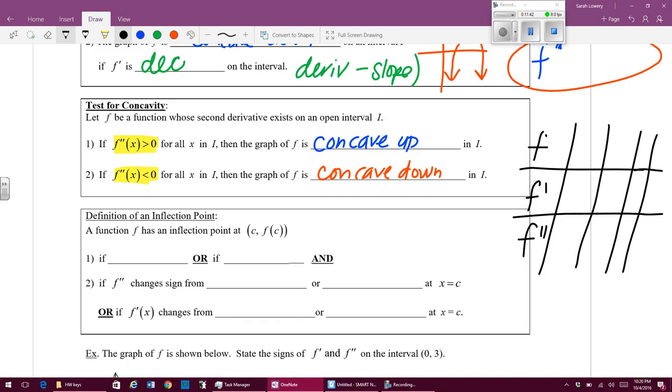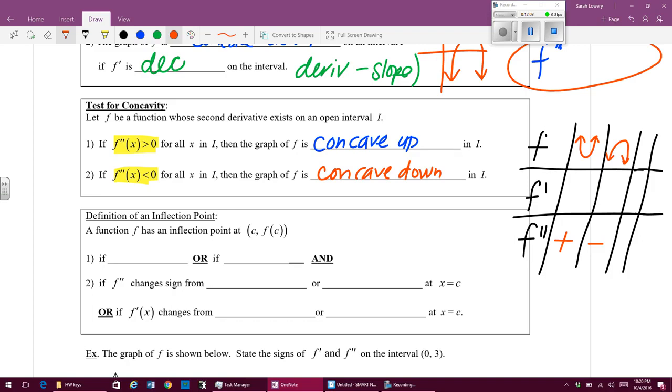So first and foremost, I know that if the second derivative is positive, my function will be concave up, okay? I also know, based on what we just wrote, that if the second derivative is negative, f will be concave down.